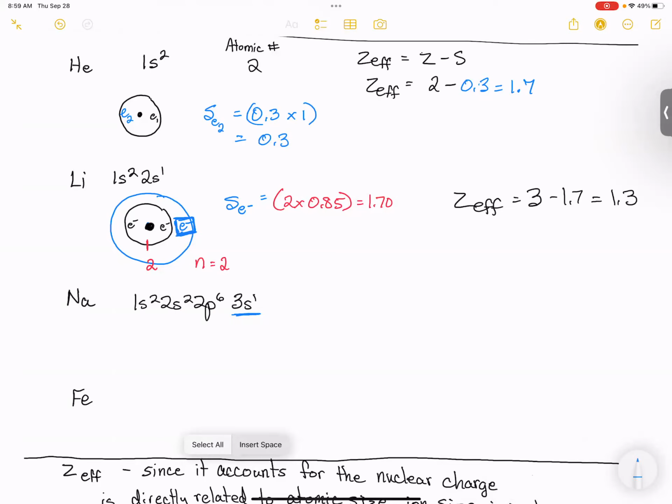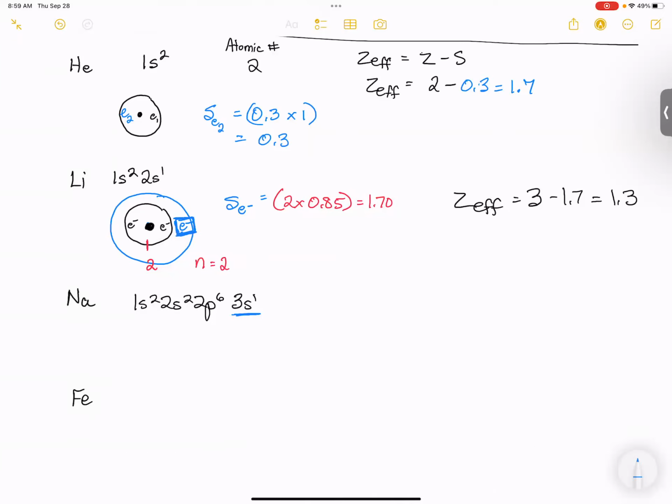I'm just always going to go with the outer one, because that is the one that's going to make the most impact on atomic size and stuff like that, which is where I'm using Z effective the most. So I'm not going to pay attention to that 3s1, because that's the electron I'm studying.